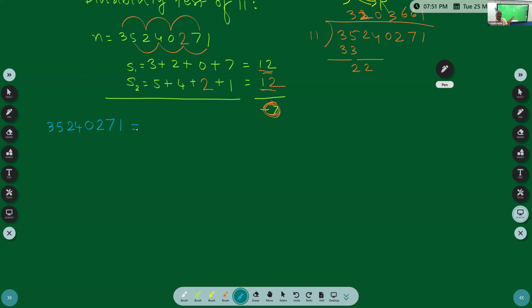And then whatever is left, we could focus on that. Similarly, we should try and pull the number 11 from all of them. But let us first write down what the place values are. 3 into 8.